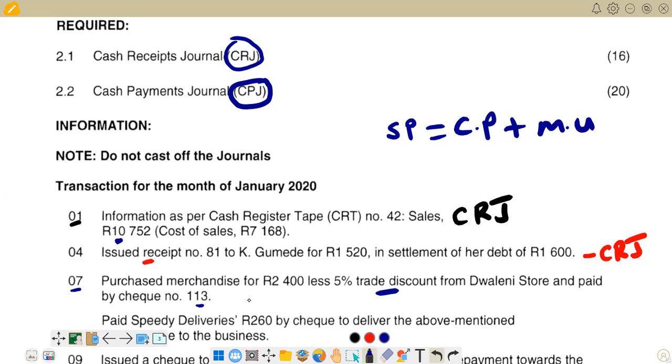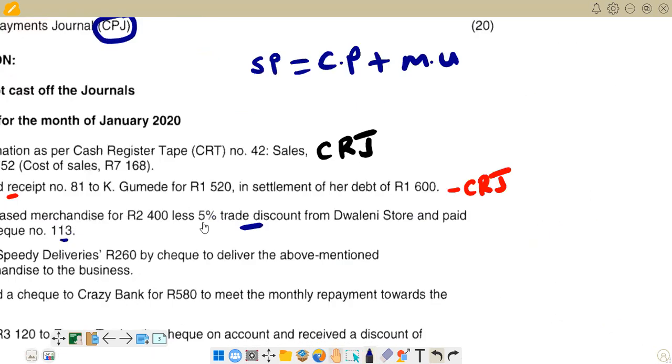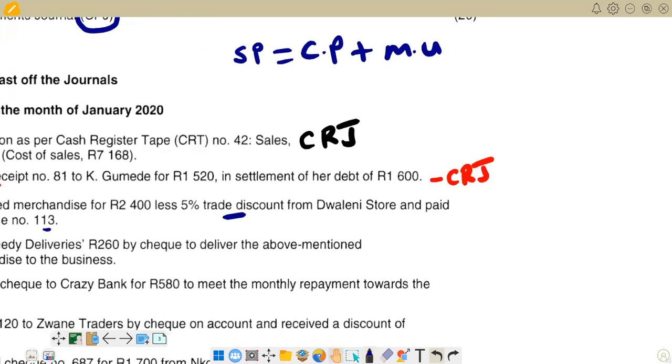So let's try to calculate that one. 5%, remember, it's 5 over 100. Then we multiply by 2,400 over 1 to get the amount of trade discount.